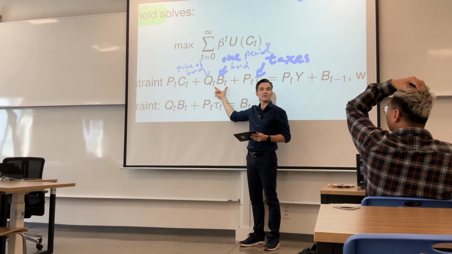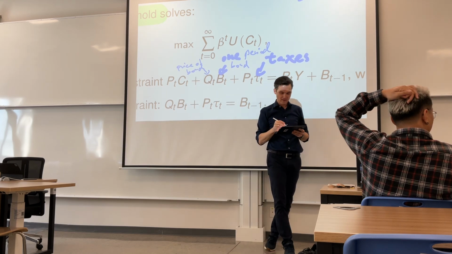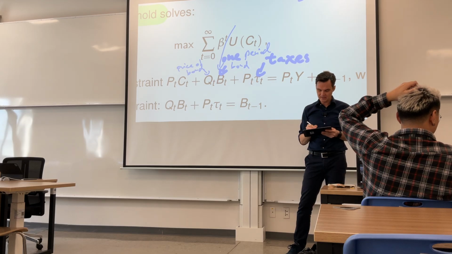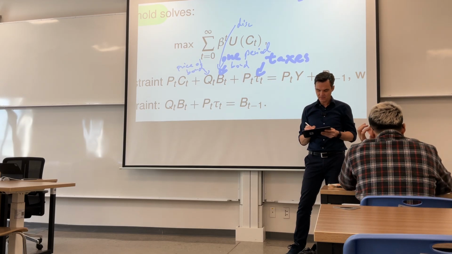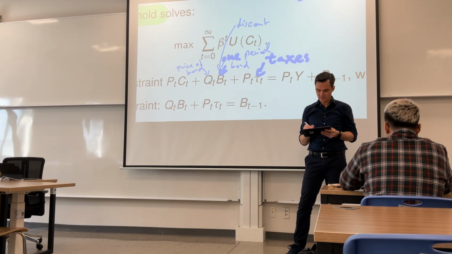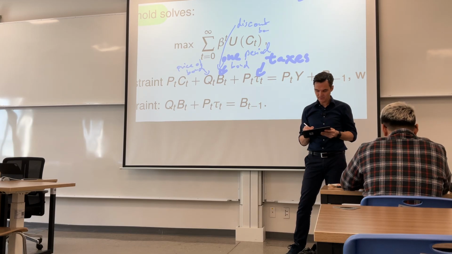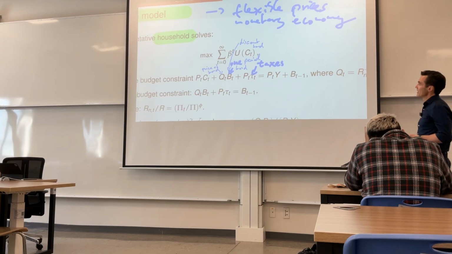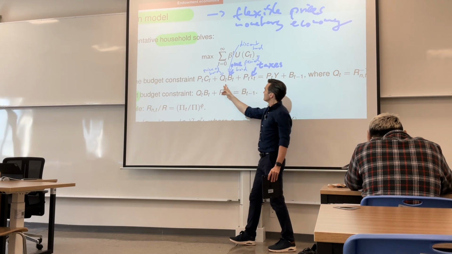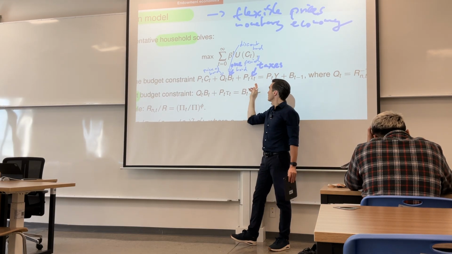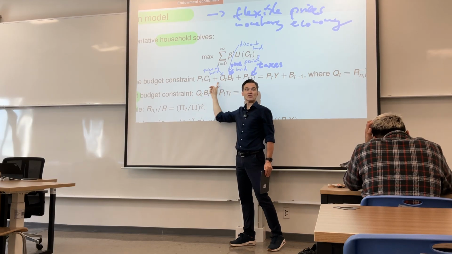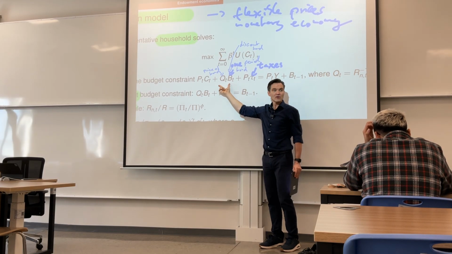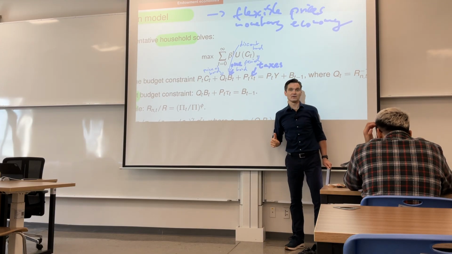That's the way to think about it. This is nothing else than a discount bond. So those are the expenditures that the household has: it can consume, it can save, and it has to pay taxes.